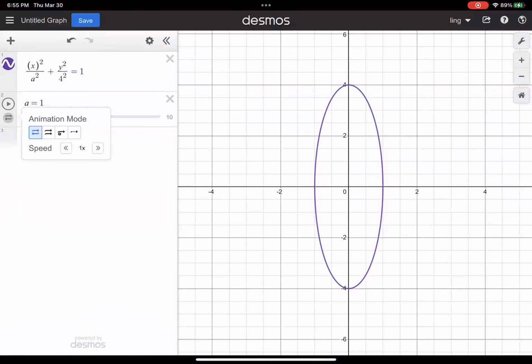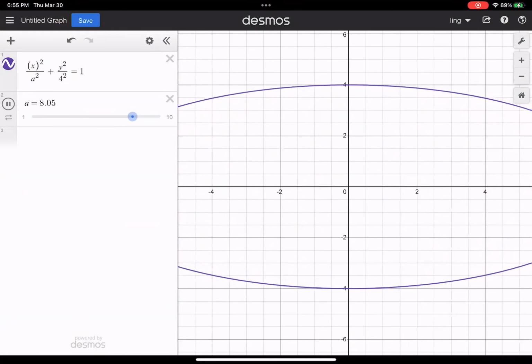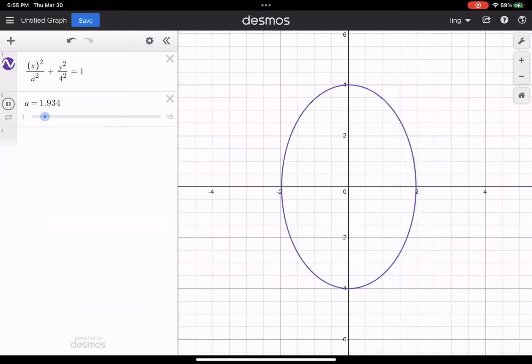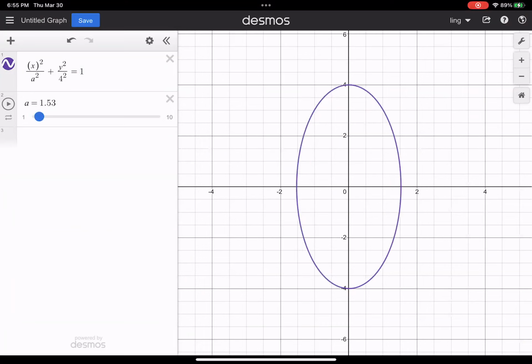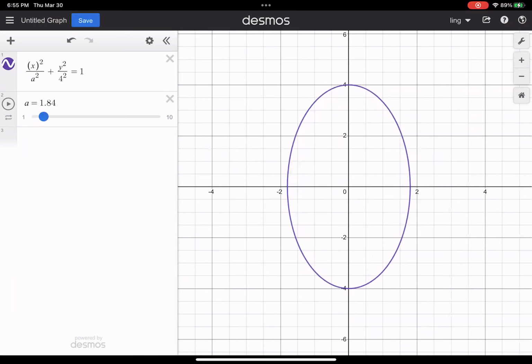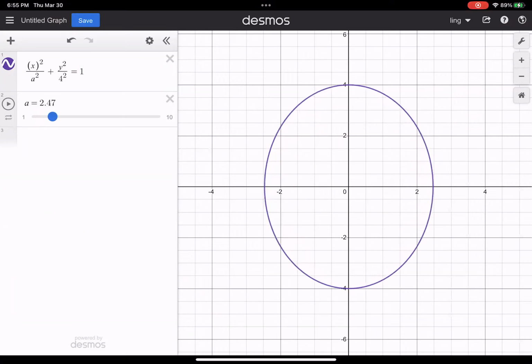If I play this, you see the shape of this ellipse is changing just by the a value, because when a is smaller, look, now a is 1.19, which is less than 4. That means the major direction is in the y direction. That's why this is a vertical ellipse. When you make a increase, you see the ellipse is closer and closer to a circle.